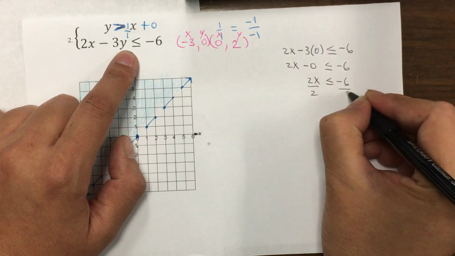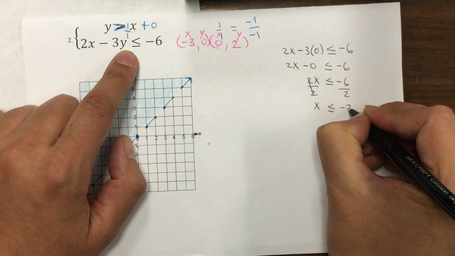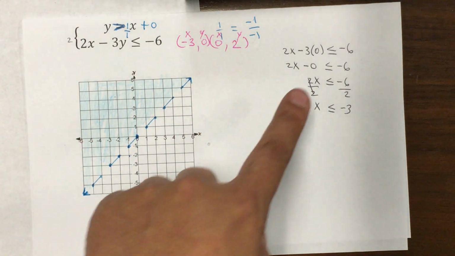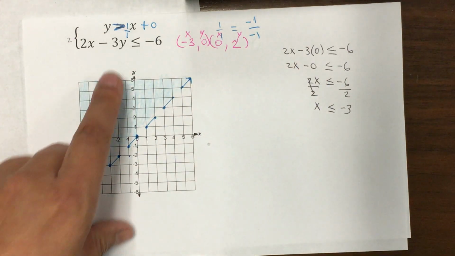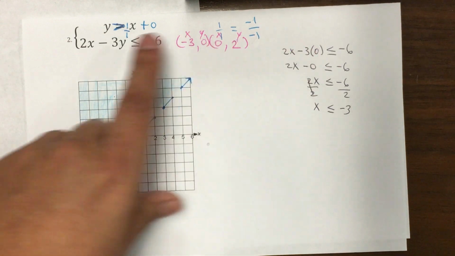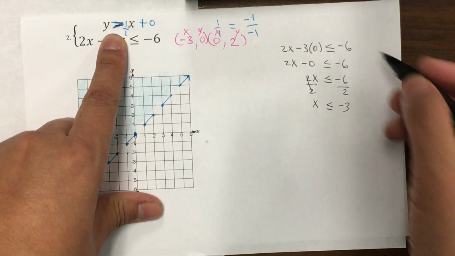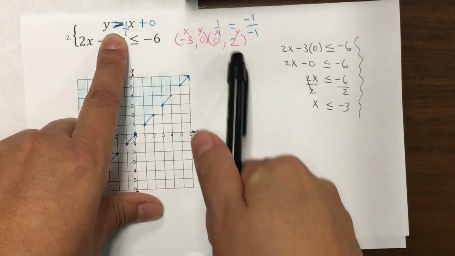And I divide both sides by 2, so x is less or equal than -3. Again, you're doing exactly the same thing as, you see how this disappears eventually? I just cover it.